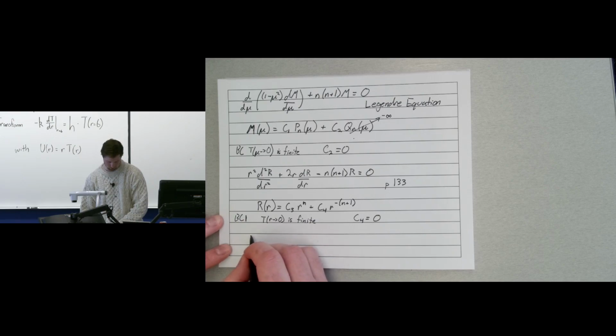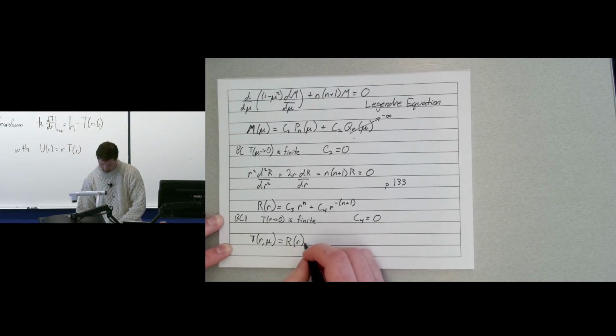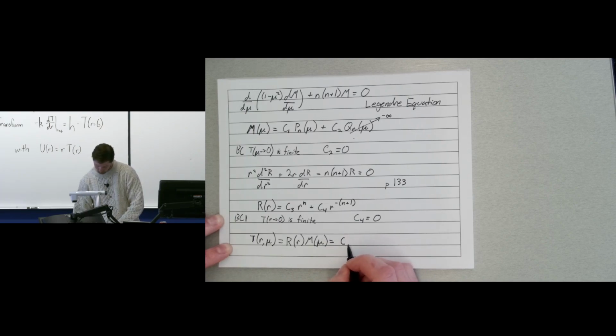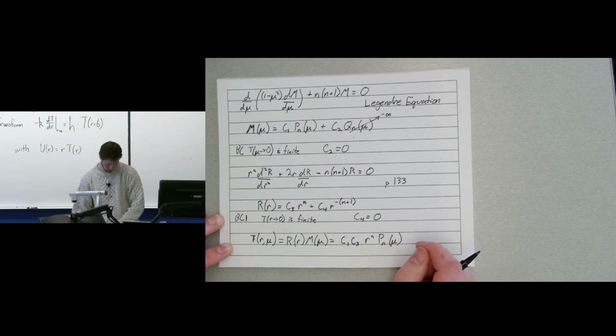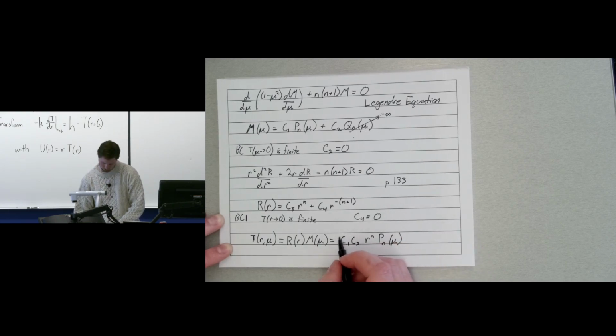Okay, so now if we bring this all back, we're going to have T as a function of r and mu equal to the multiplication of our separated functions R and M. Actually, no, I think that should be a summation.